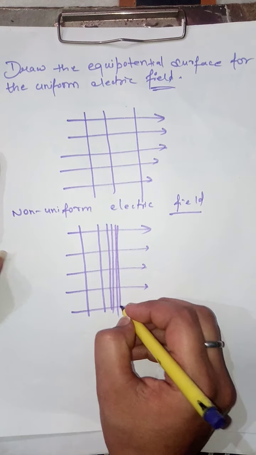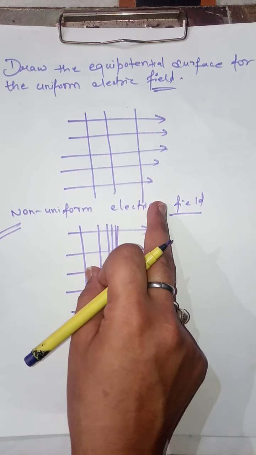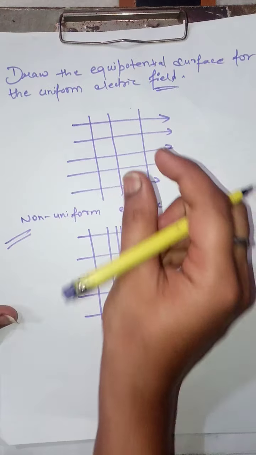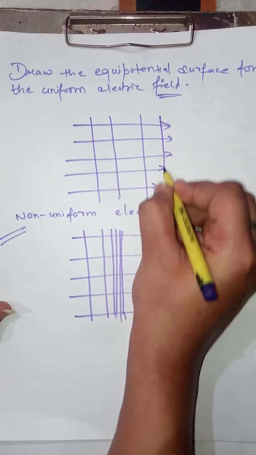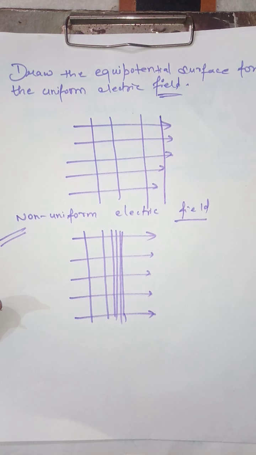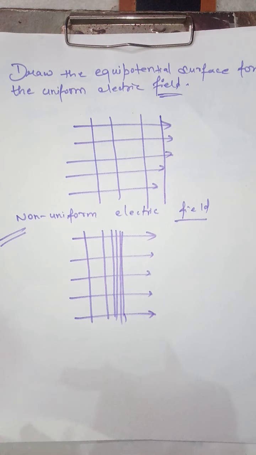This is the case when our electric field is not uniform. Which means that if we have the uniform electric field, there would be an equal separation. For example, the next line would also be in this way. But if we have the non-uniform electric field, then as shown here, the separation between the lines is going to decrease.